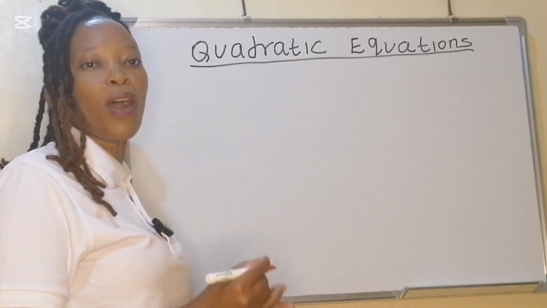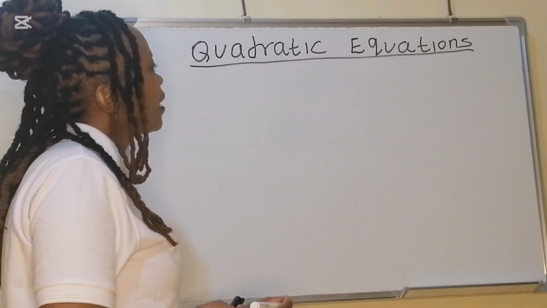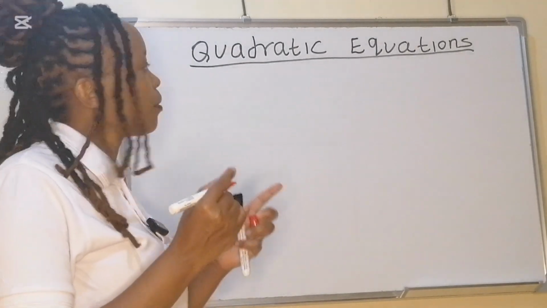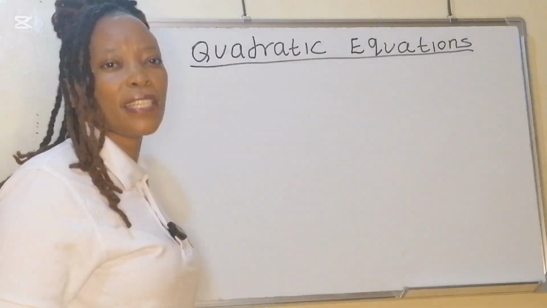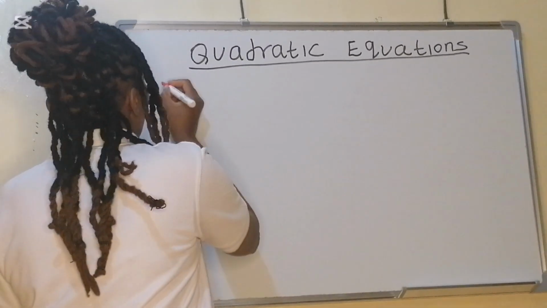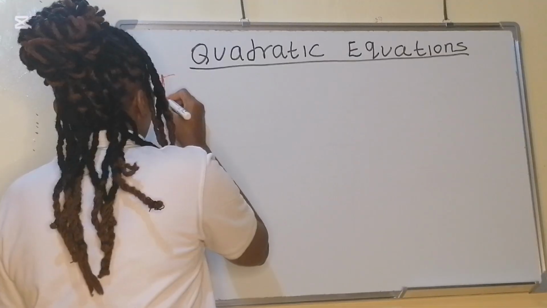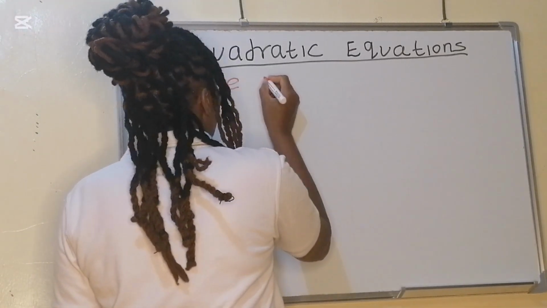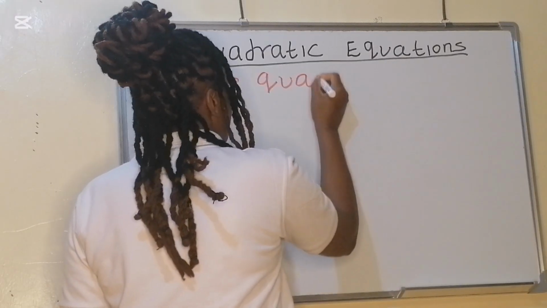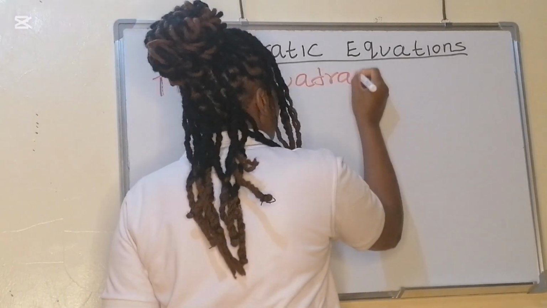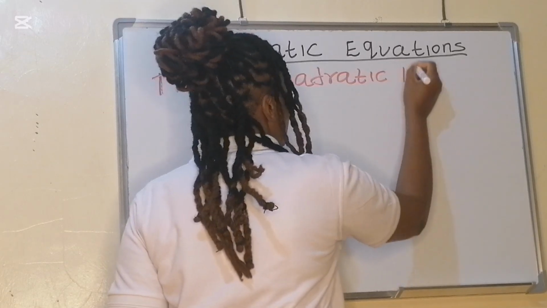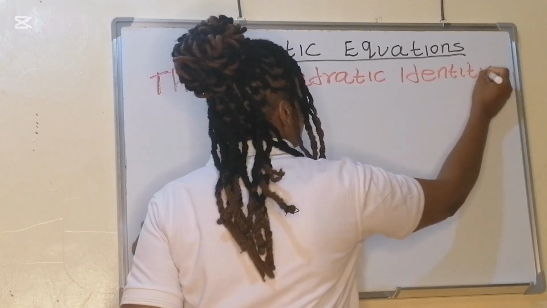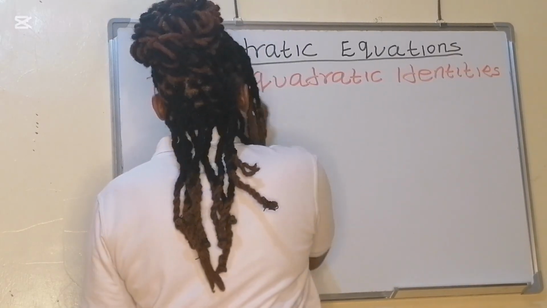So today I'm showing you how to use these formulas. You have been cramming, you have memorized these three identities. Now I'm going to open your inner eyes. What are these three identities? We have three quadratic identities.